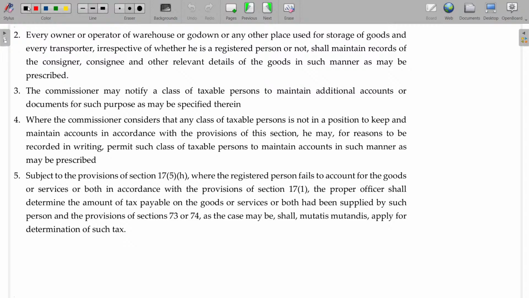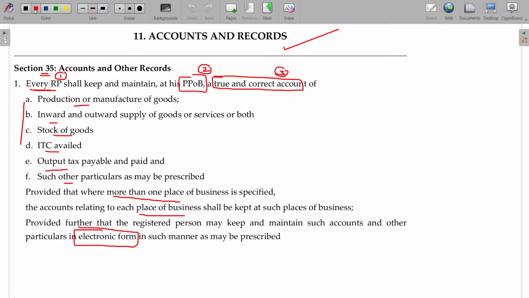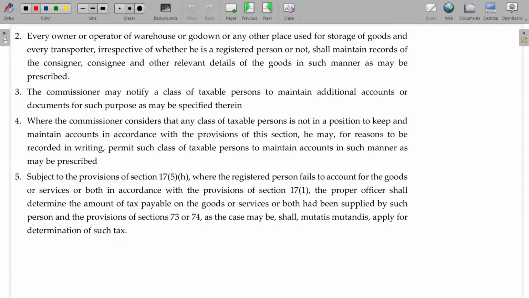Okay, first one. It's a registered person. Second is, if you are the in charge, owner or operator of warehouse or godown, you should also maintain what? Now in this case, whether he is a registered person or not, he has to maintain the details regarding the consignor and consignee regarding the goods.